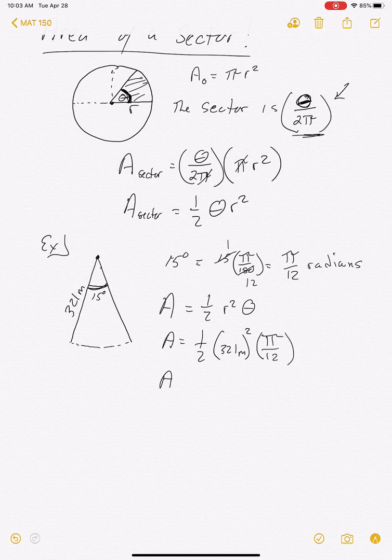So the denominator is going to be 24, and 321 squared is 103,041, times pi divided by 24 is equal to 13,481,975, and these are meters squared.